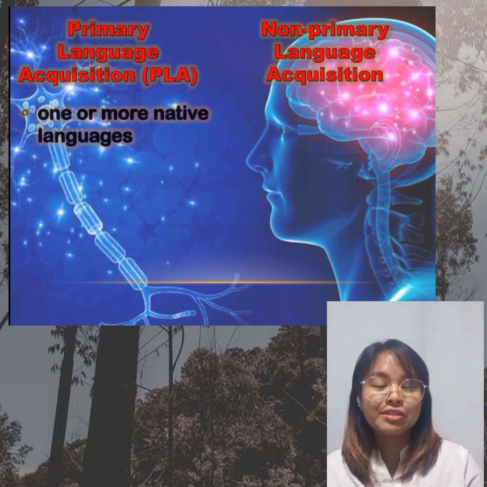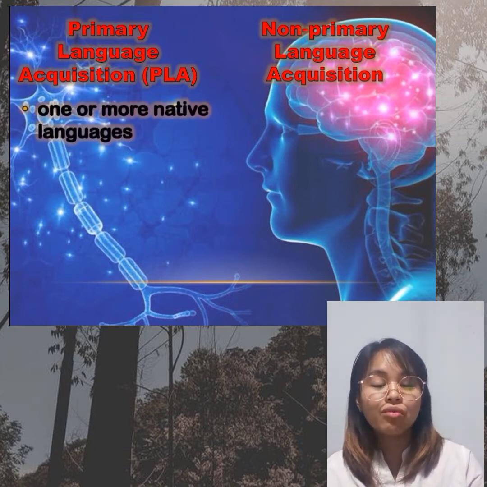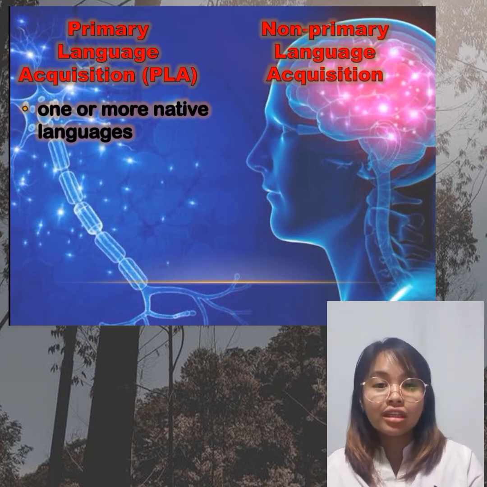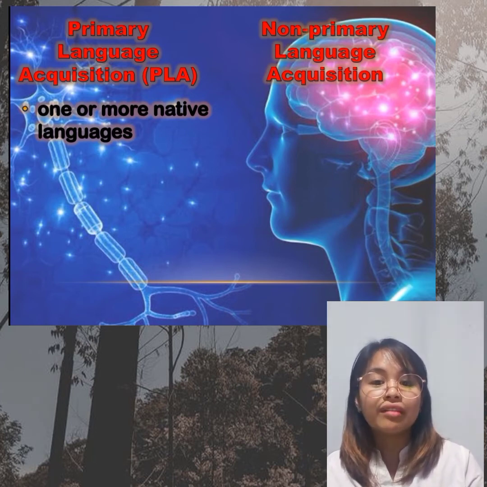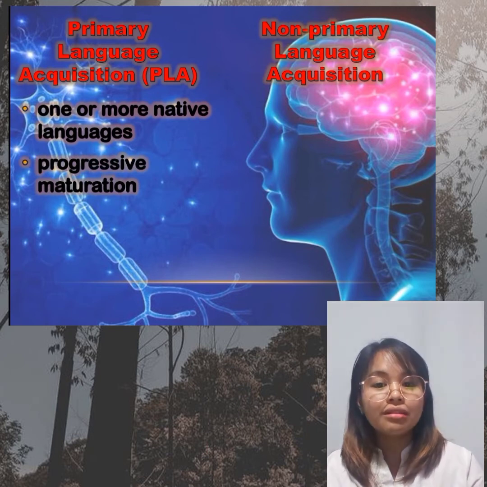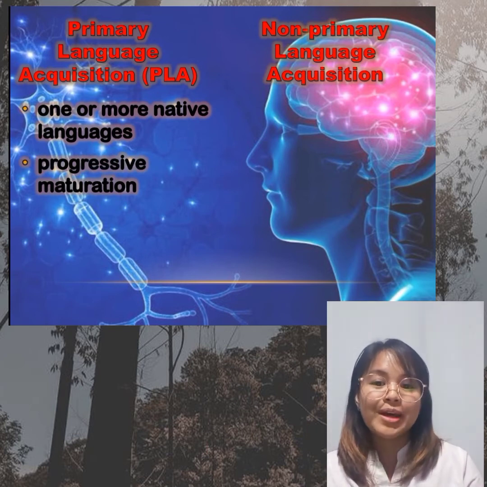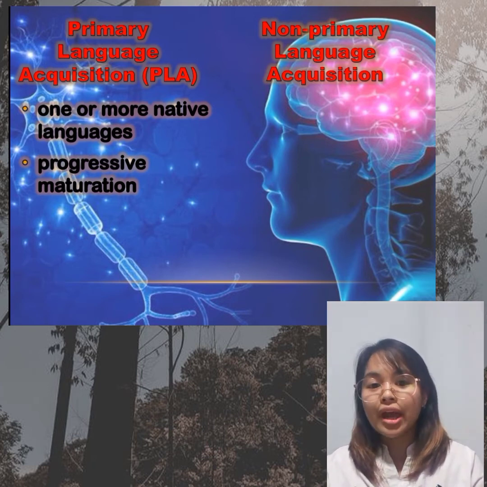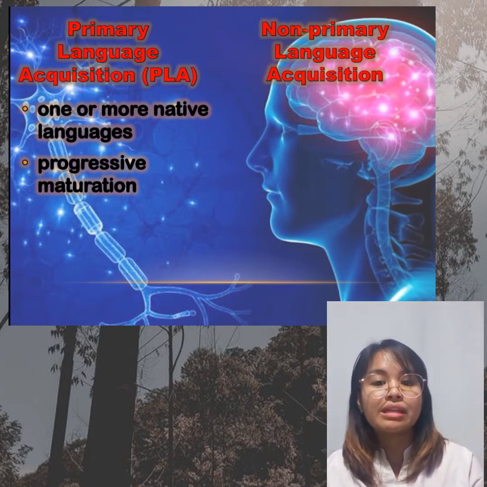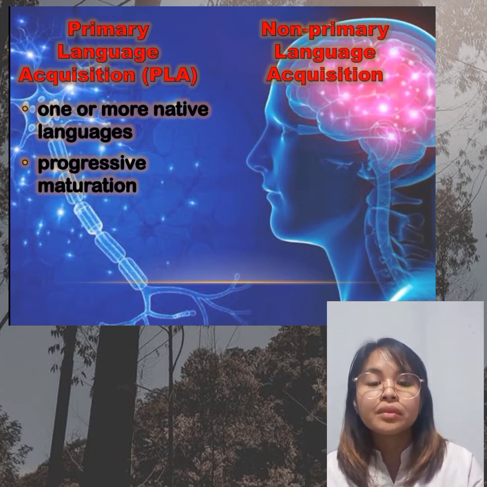Primary language acquisition is when the child's acquisition is of one or more native languages, taking place approximately at 2 to 5 years of age in the context of progressive maturation. When we say progressive maturation, it is when a child is proceeding step by step to maturity.